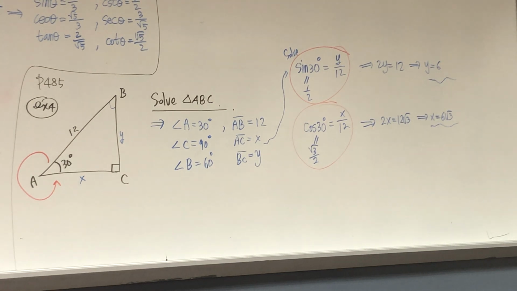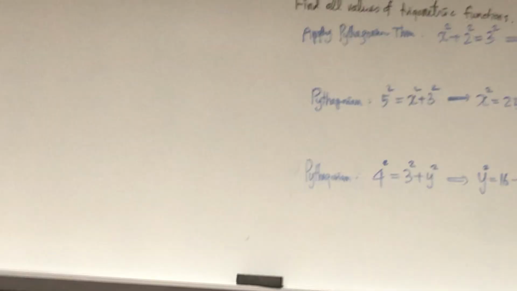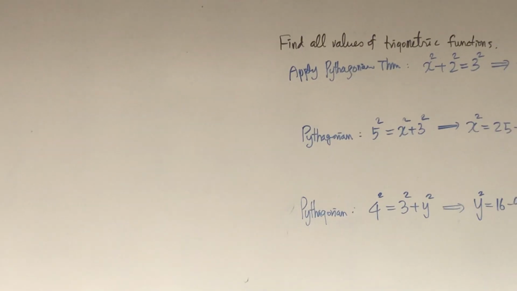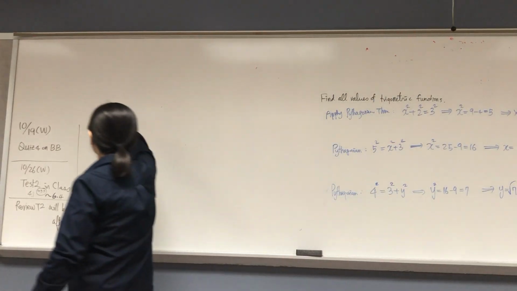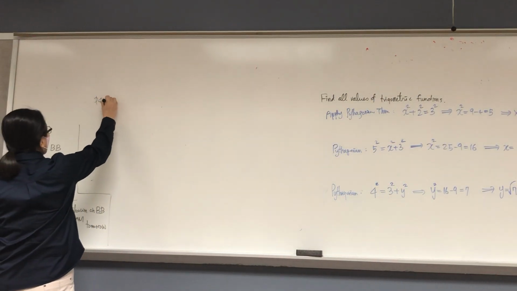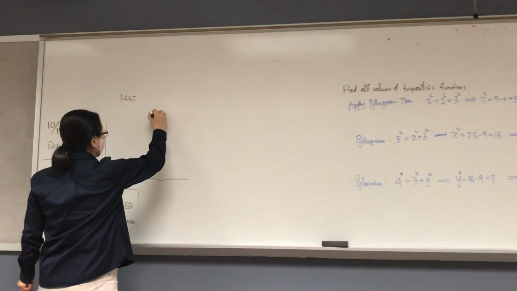Now, we are going to discuss some terminology. Page 485. Here is a ground, and here is a building.